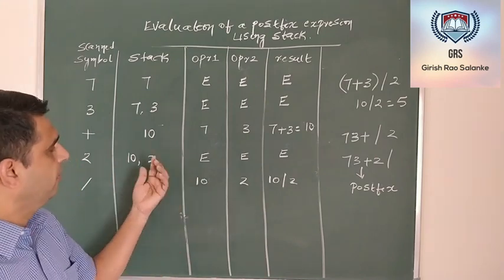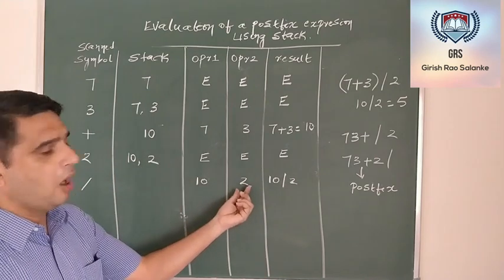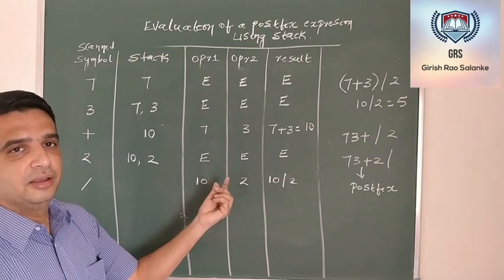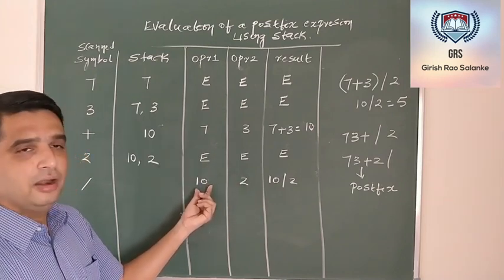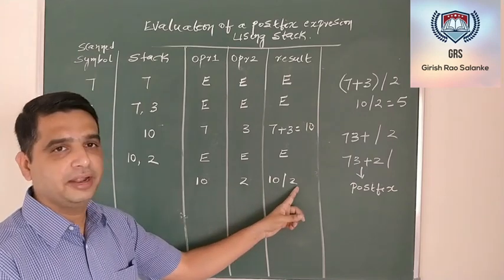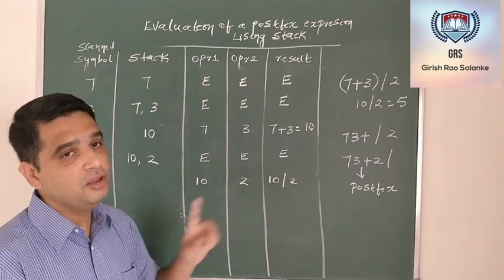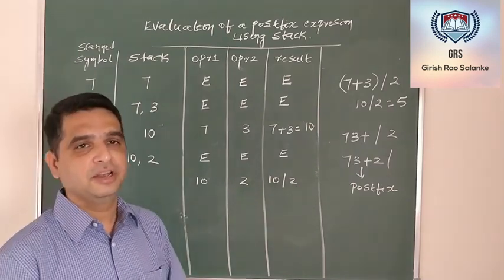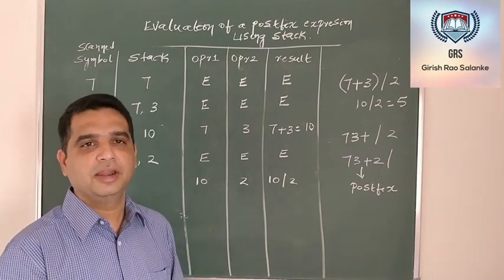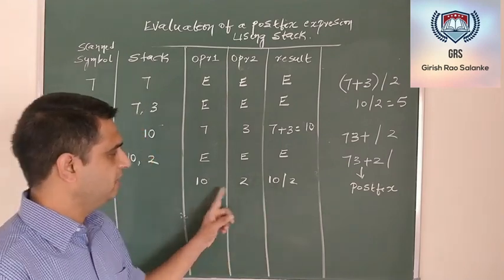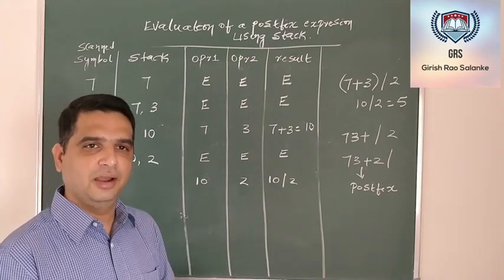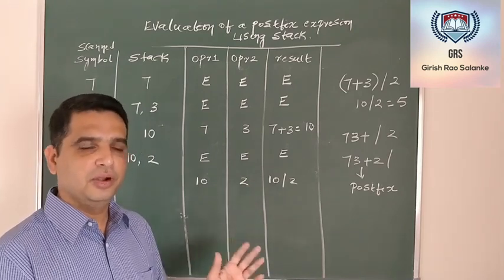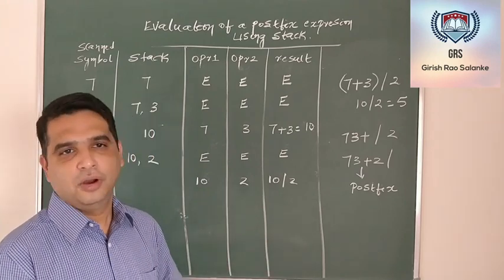Why have I assigned the first popped element to operand 2? If I had assigned the first popped element to operand 1, then this would be 2 divided by 10. Only with respect to division and subtraction it is very important, because 10 plus 2 is 12, 10 multiplied by 2 is 20, and even 2 multiplied by 10 is also 20.